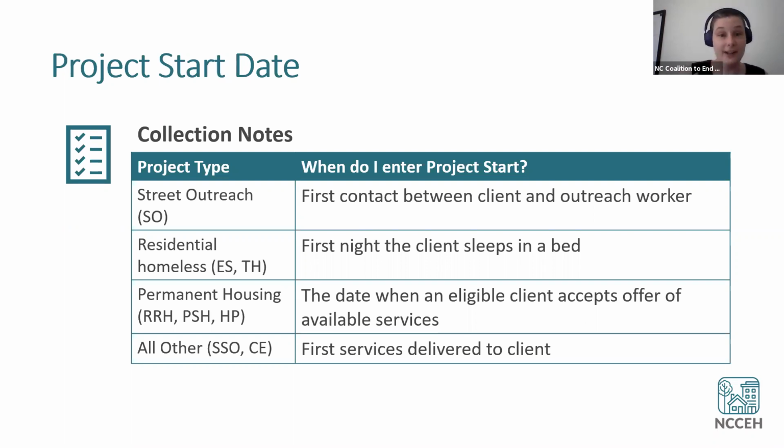They are eager, not just accepting, but eager, they're eligible. But if you can't serve them, then you're not fully enrolling them, right? And that project start date doesn't occur until then. My suggestion would be changing the wording of that just a little bit to like the date when services are available to an eligible client. And I think that fixes that.